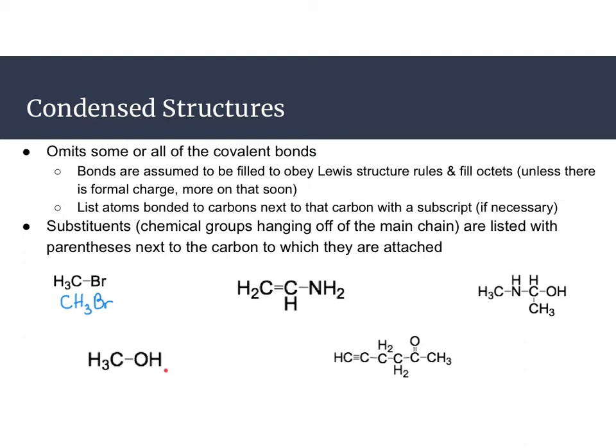Similarly with methanol below, I'm going to write the carbon first. All right, so I'm going to do CH3OH. It would not be a proper condensed structure here to write this, even though that is the formula of the compound. That's not showing you how it's bonded, right? There aren't 4 hydrogens and an oxygen bonded to that carbon, so you do have to write it out as it is bonded in the structure.